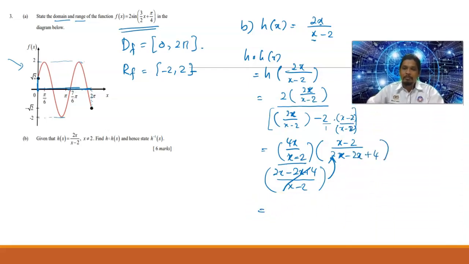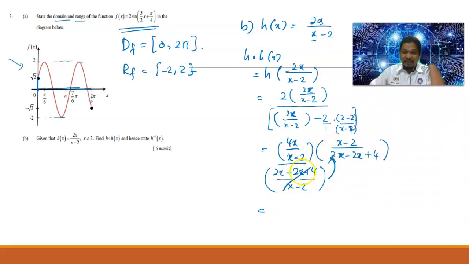Now, x minus 2 divided by x minus 2. Then we have 4x divided by 2x minus 2x equals 0. So what's left here now? 4. Then 4 divided by 4 equals 1.